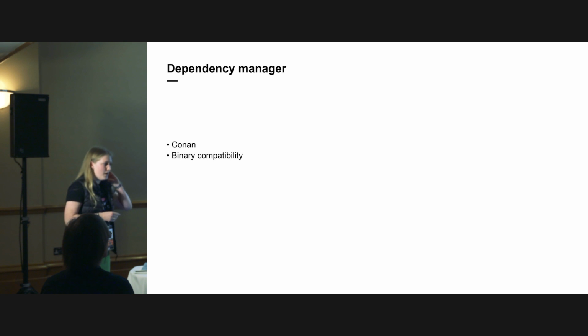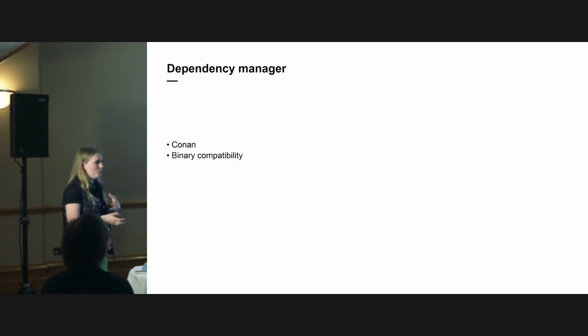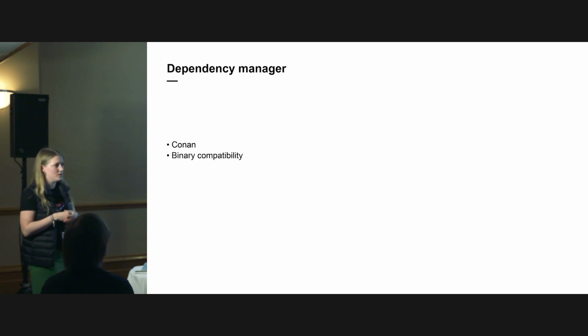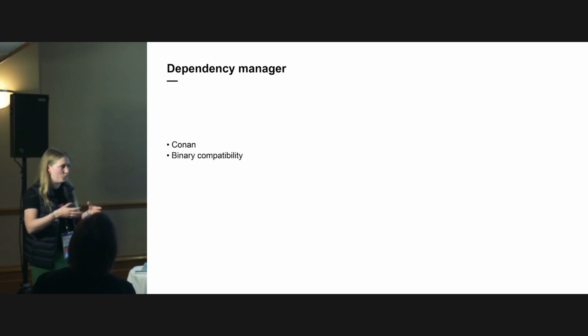But I believe that quite often we more or less can cope with the binary compatibility issues, or even more, we have just one thing that we would like to compile once and share with the team, and we are pretty sure that we've done it in a proper way.